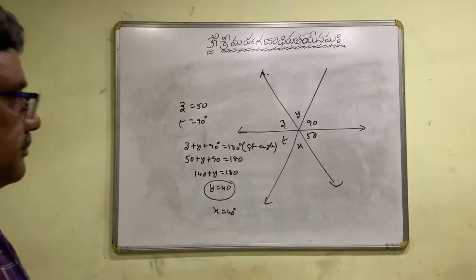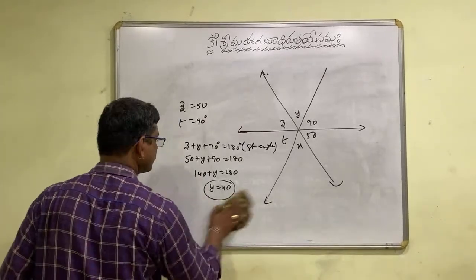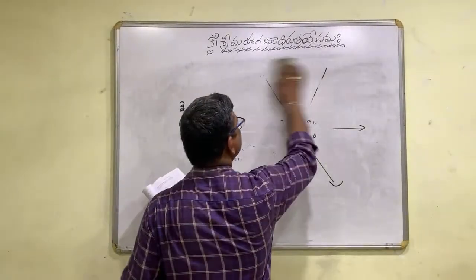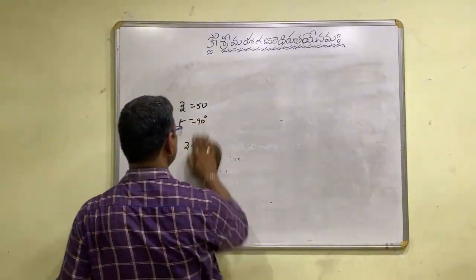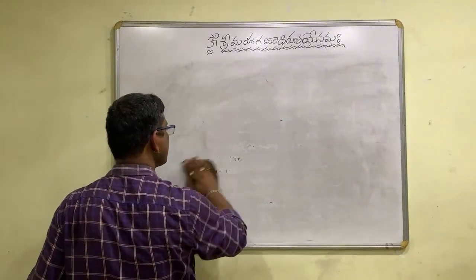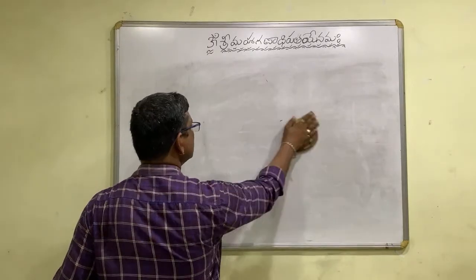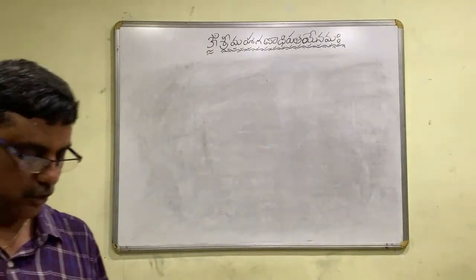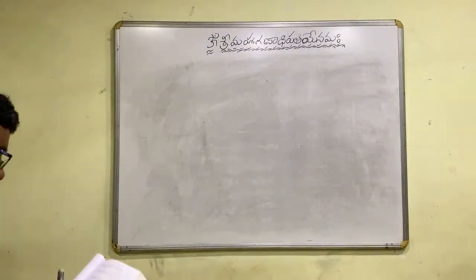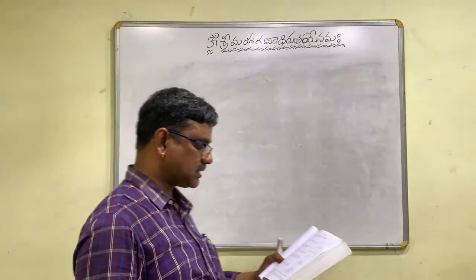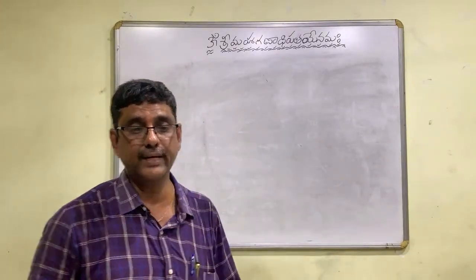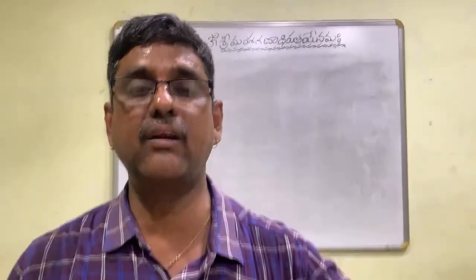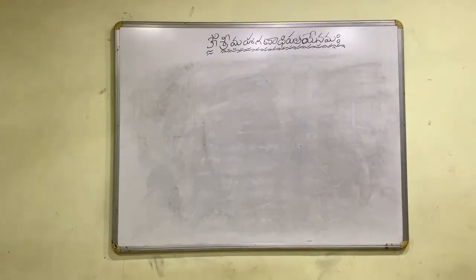Now, we'll go ahead with the next question. Next question. Two adjacent angles on a straight line. ఇందాకే చెప్పాను. If two adjacent angles are there on a straight line, what do we call those two angles?